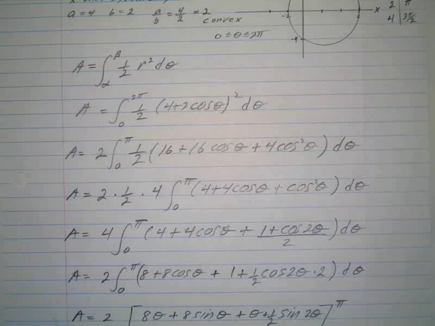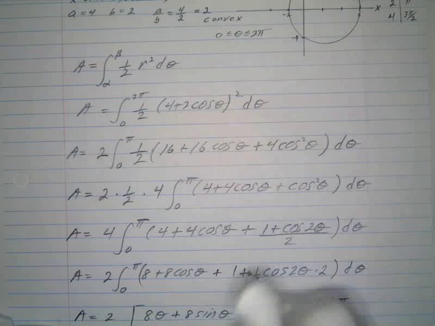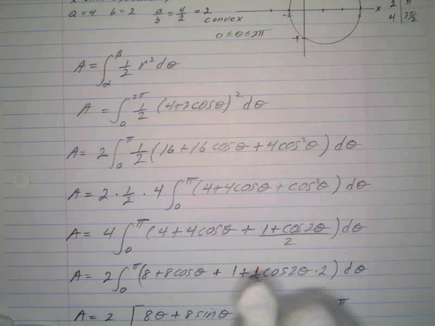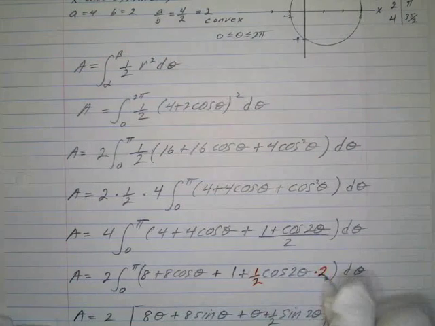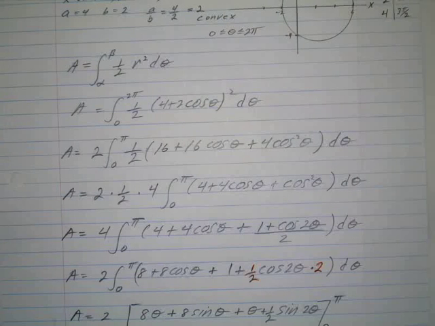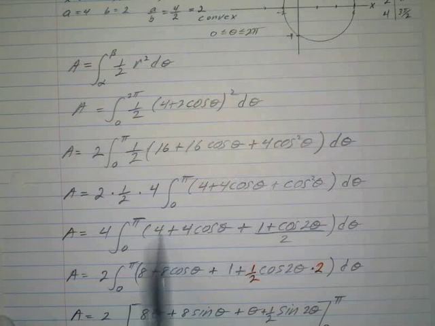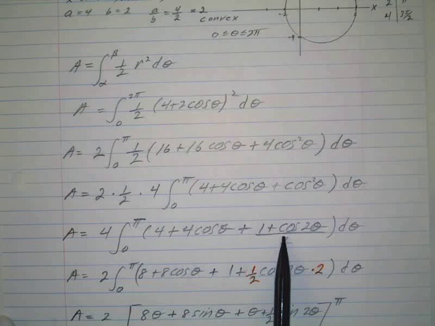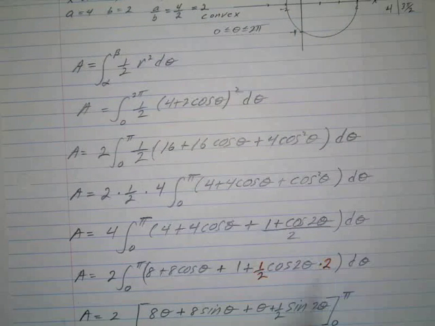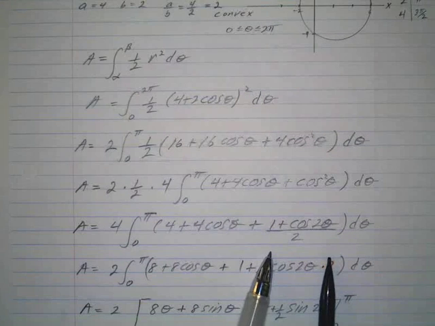I kind of skipped a step, so this was different work here. So ignore the orange, and if I multiply by 2, that's 8, and then this cancels out, so I just have 1 plus the cosine of 2 theta. So I end up with something like this. Let me just block that out so you can see.